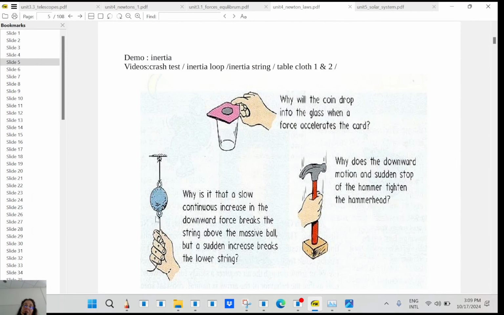So let me ask you something. Here is another idea for a demo. This is hanging from the ceiling, and you have something very heavy here. If you pull very quickly, which string will break? The top or the bottom? Top, you think the top?